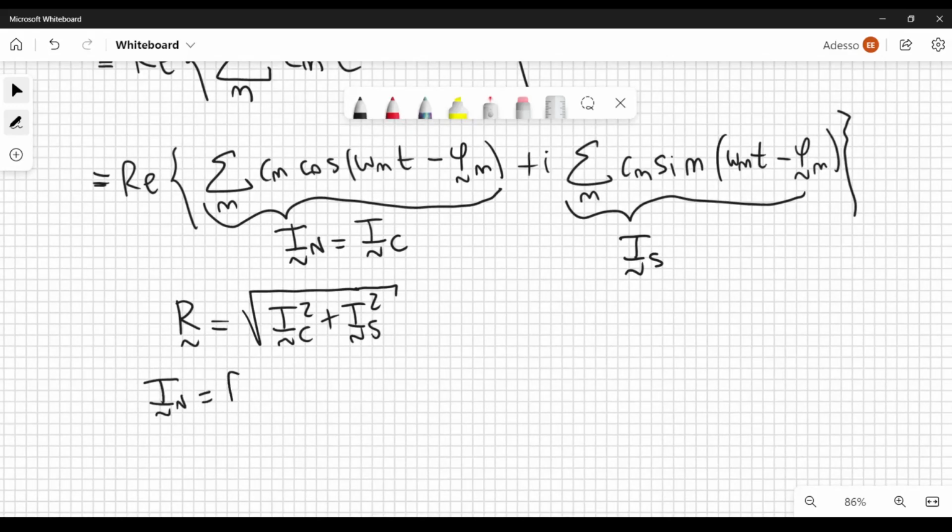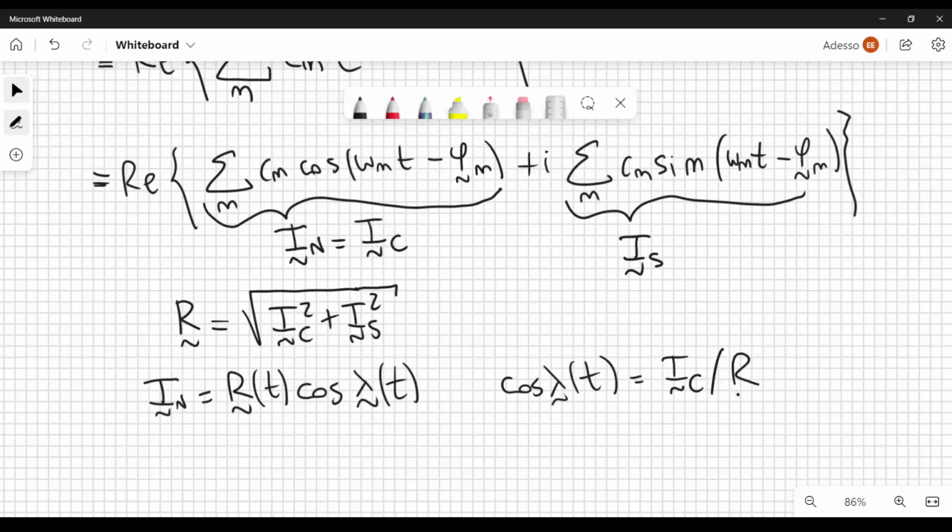in this form. I can write it as R. Remember, this is a function of time, and it's this R here, times the cosine of another random variable lambda of t. And now the cosine of lambda of t is defined to be I tilde sub c over R, which is a random variable.